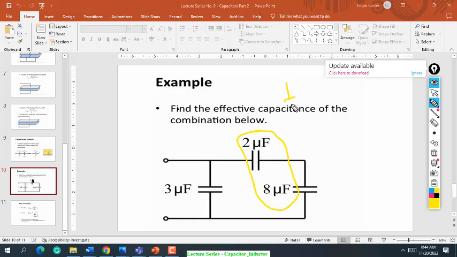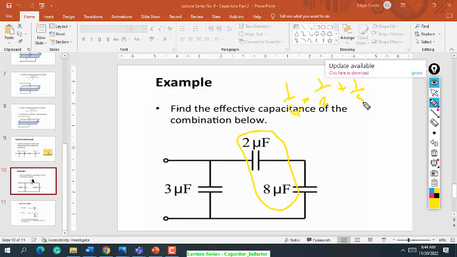1 over C total is equal to 1 over C1, which is 2. I won't write the micro anymore, it's hard. Then 1 over 8.